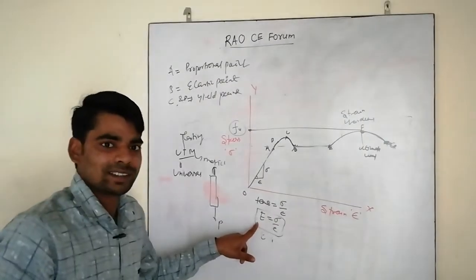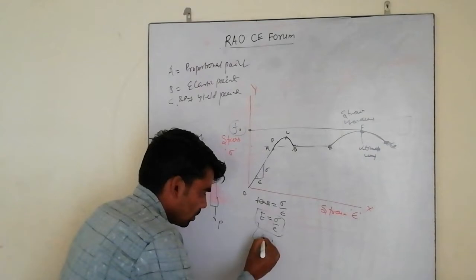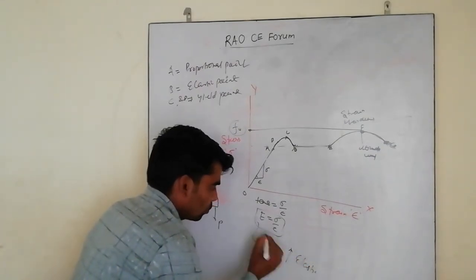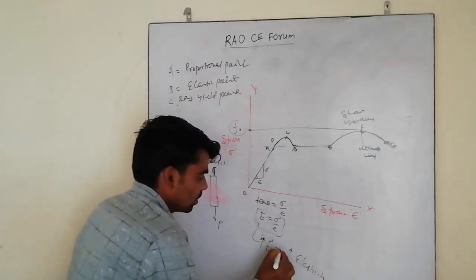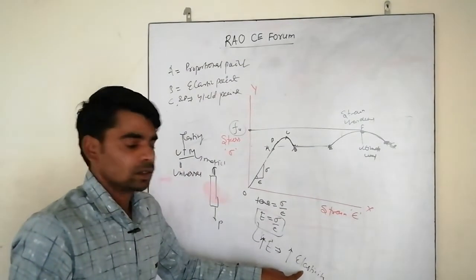Higher the slope, higher the elasticity. Higher the value of E implies higher the elasticity.